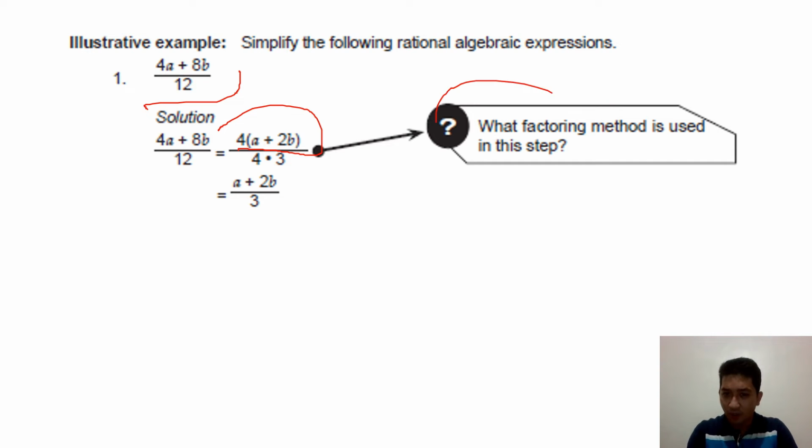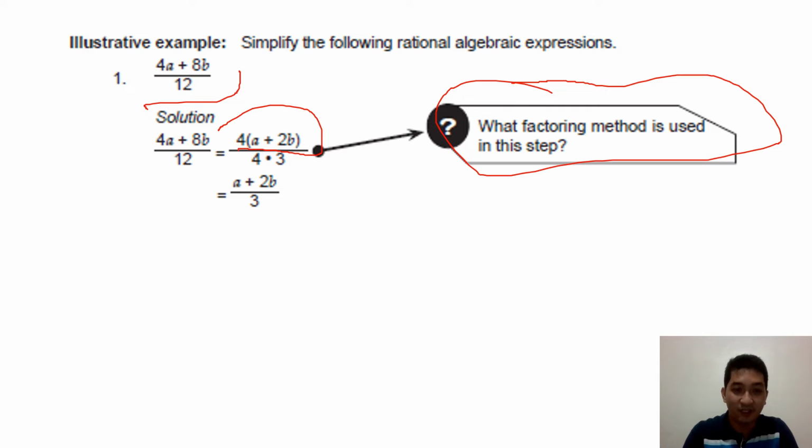Okay, so ang tanong dito, what factoring method is used in this step? Simply, we did factoring using common monomial. Hinanap lang natin yung common monomial ng 4a at 8b. So simply para madali ninyong maintindihan ang factoring using common monomial, look for the numerical coefficients first. 4 and 8.